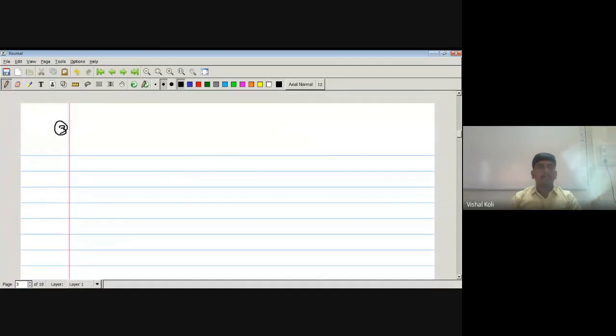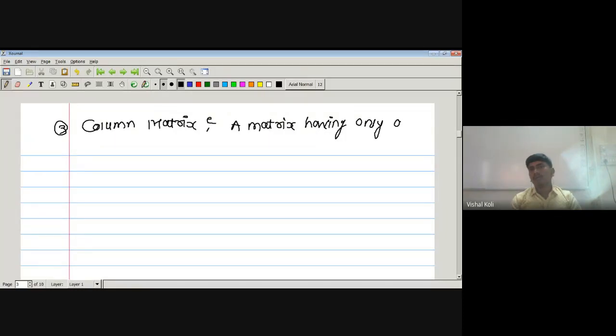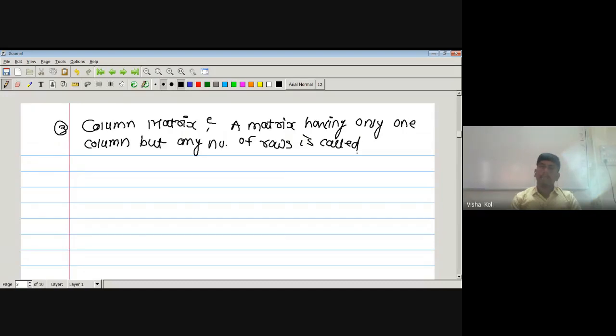Similarly, we have to define the column matrix. Third one, column matrix. A matrix having only one column, but any number of rows, is called a column matrix.